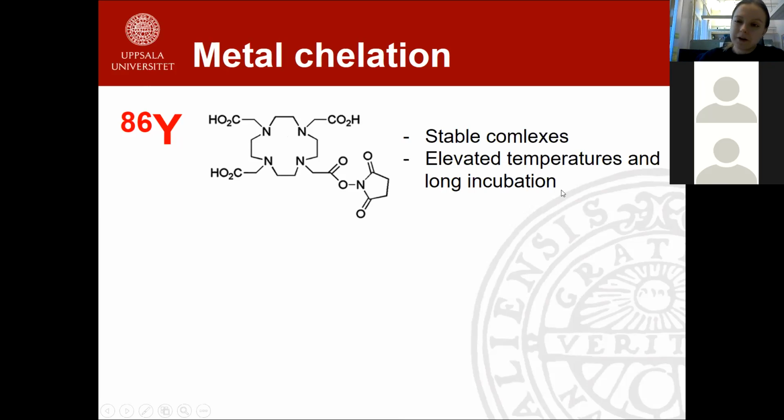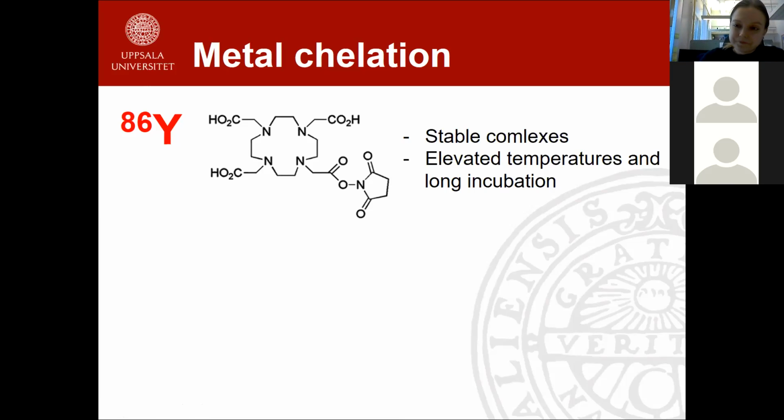So if you have a biological molecule that is very sensitive to high temperature, for example, antibodies, most monoclonal antibodies cannot be heated higher than 40 or 42 degrees. So it means that you cannot use this kind of chelator with the metal. If you want to label your monoclonal antibody, it would just degrade and lose its function.